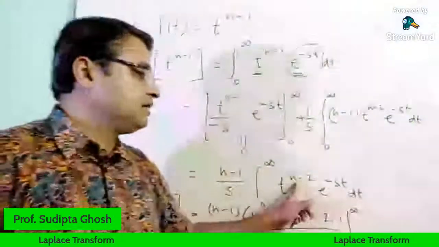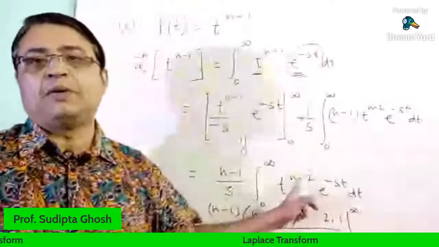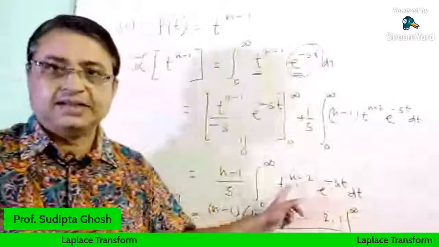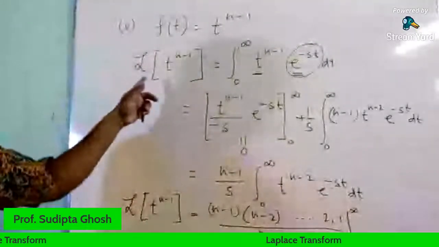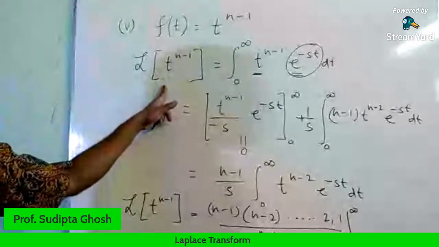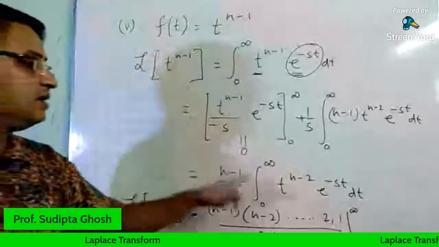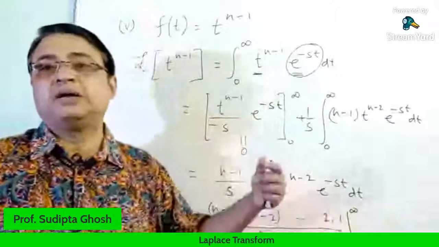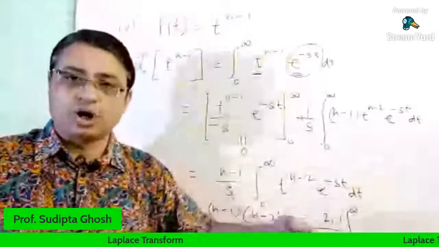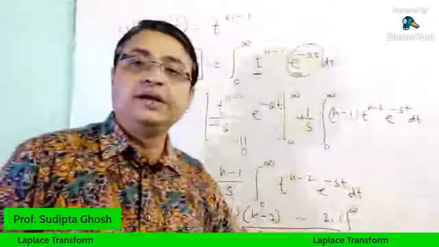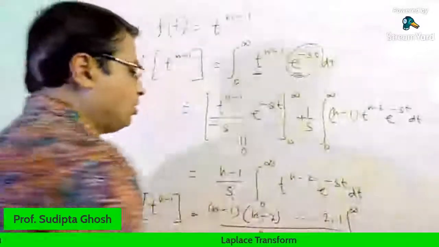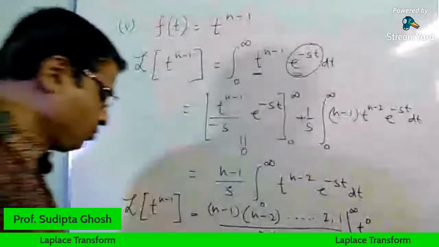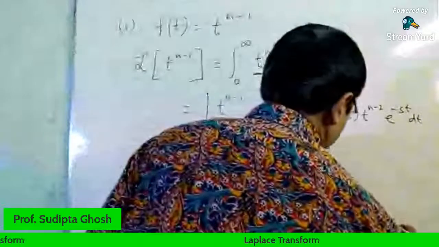The power of t actually decreases. Initially it was t to the power n minus 1. After first integration, you get t to the power n minus 2. After second integration, the term becomes t to the power n minus 3, and so on. So the last term should be t to the power 0. So I am writing here t to the power 0 e to the power minus of st dt.